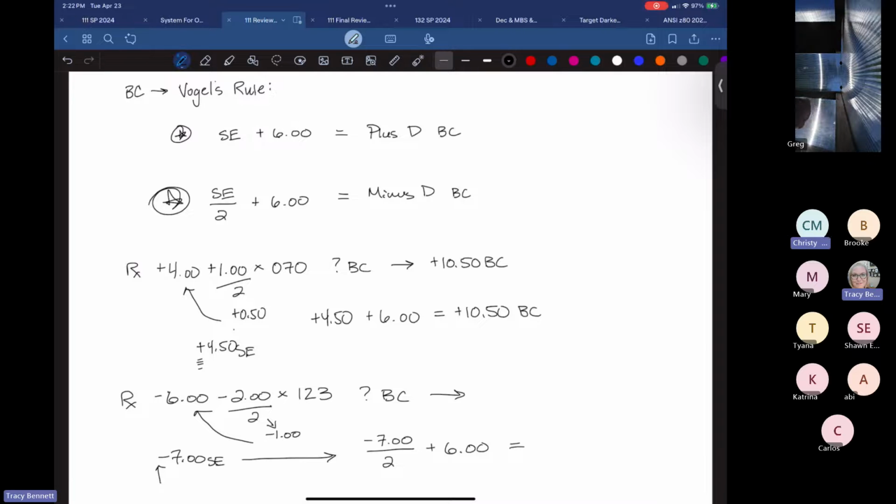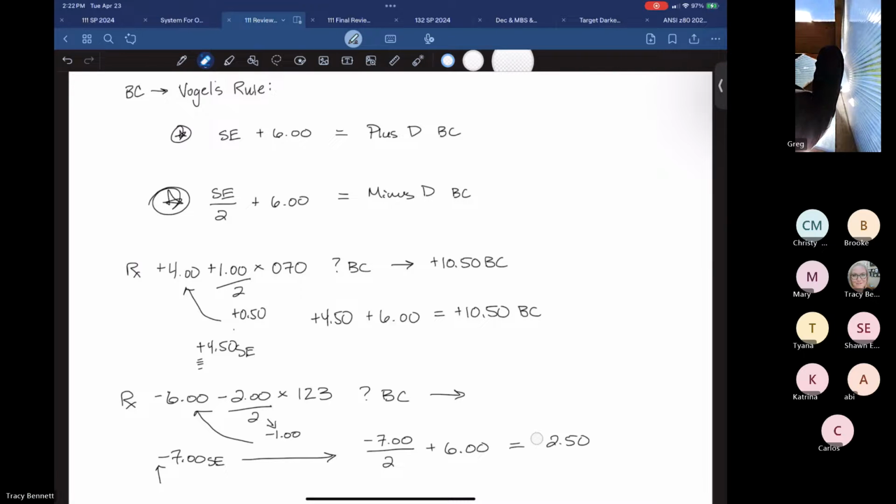And what do we get? 7 plus 6, 3.50 plus 6, 9, that's not right. I did my math wrong. 7 divided by 2 is minus 3.50 plus the 6, and we come up with plus 2.50 for the base curve.